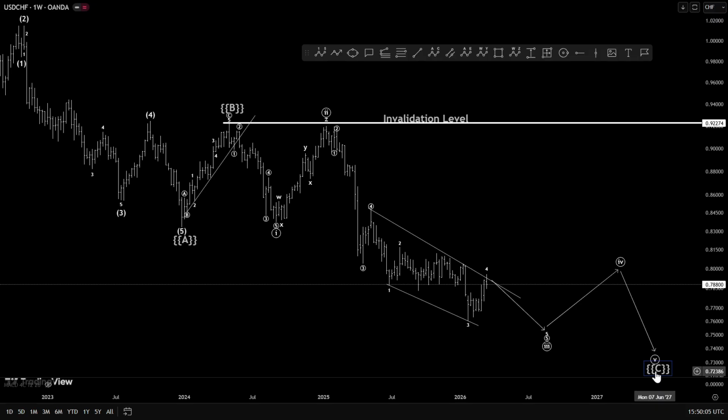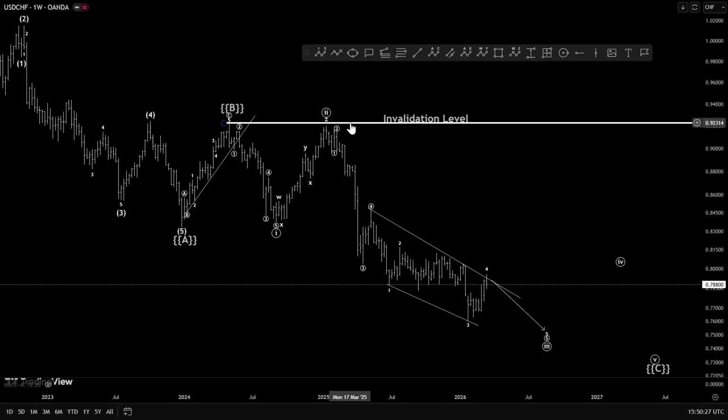That is what we have for now, and if there is anything that changed, we're going to update you immediately. Our expectation now is that we are expecting wave 3. After wave 3, we're going to update you with what we have next.